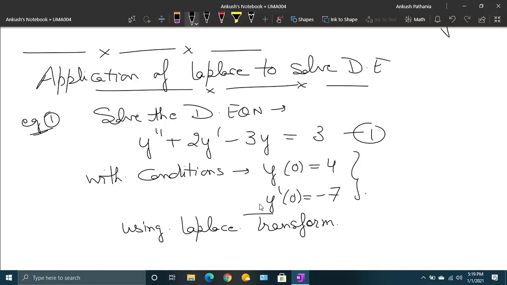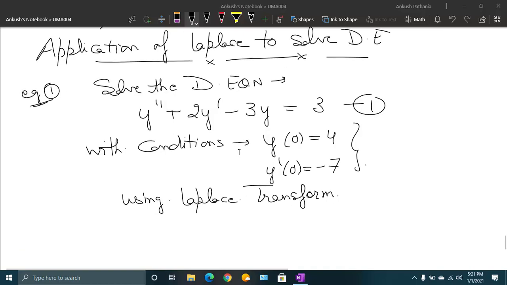So clearly we can see here that this question is an initial value problem, because conditions have been given at a single point.